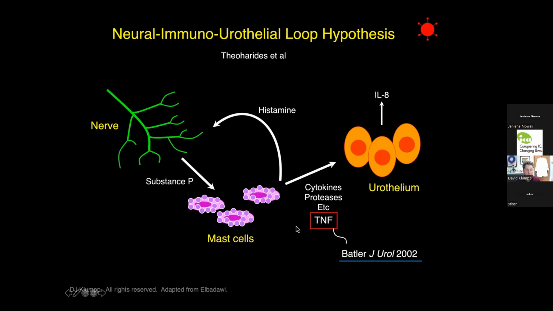And TNF, you may have heard of this. There are a lot of medications that are advertised on TV, such as Enbrel and Humira, that target TNF functions. All right.